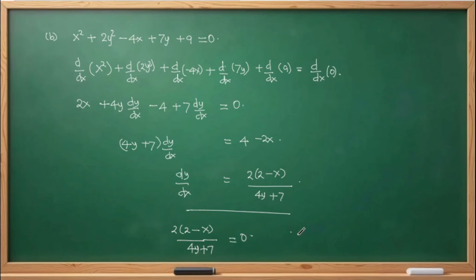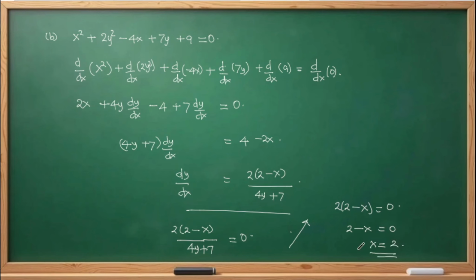So therefore, we'll have 2 into 2 minus x equals 0. That is after multiplying by the denominator. Now when you divide both sides by 2, we get 2 minus x equals 0, where our x is equal to 2.